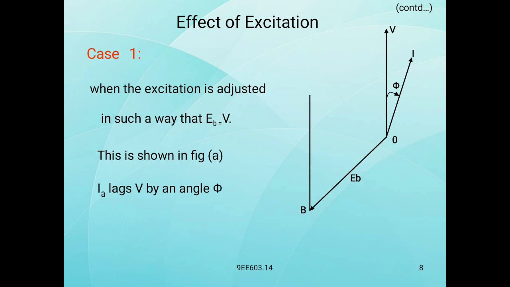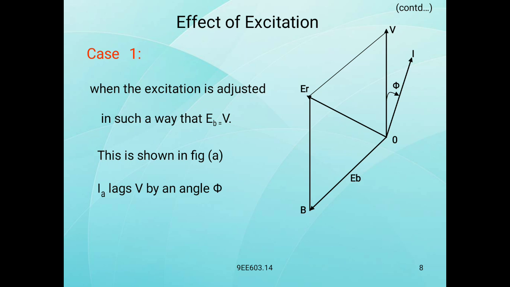The resultant voltage between EB and V gives ER. By the parallelogram method, using the resultant vector diagram, we get ER.